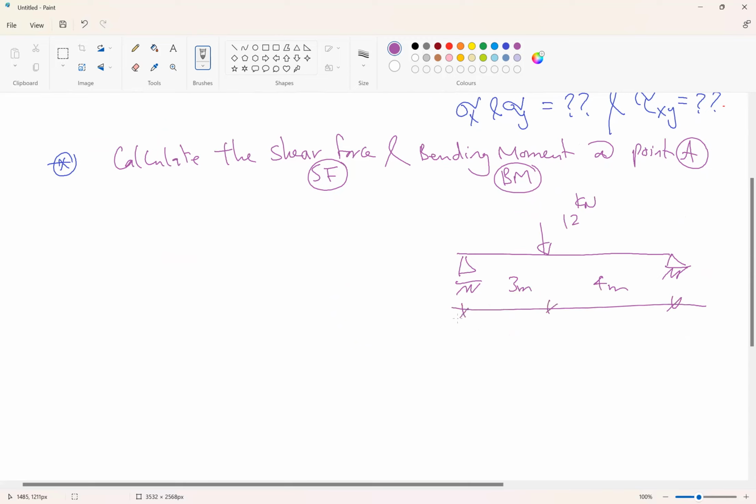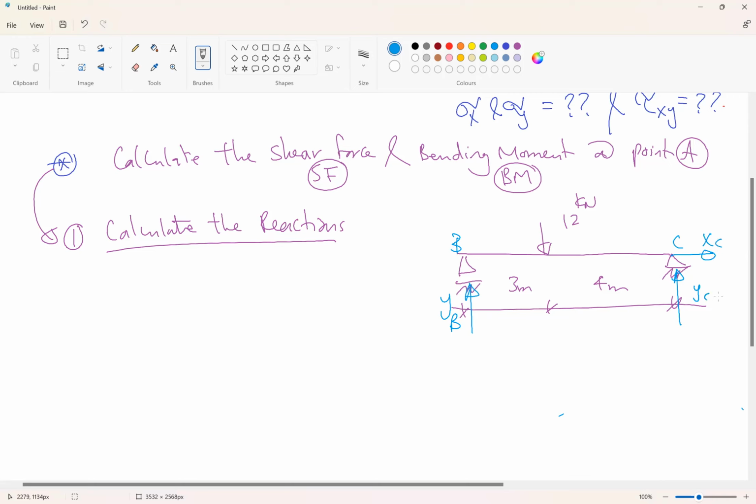Step number 1 will be to calculate the reactions. How many reactions do we have here? If this is support B and this is support C, we have YB, XC and YC.